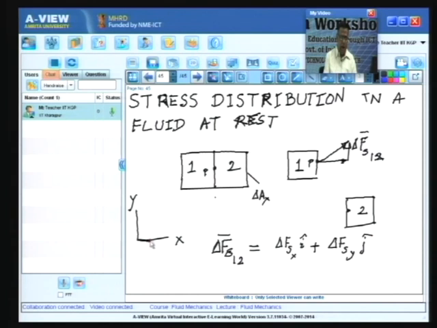Now, i is the unit vector in the x direction, which has magnitude 1, and j is the unit vector in the y direction, which has magnitude 1.